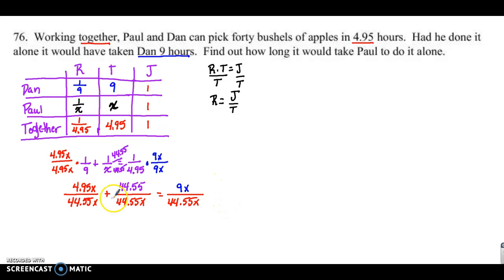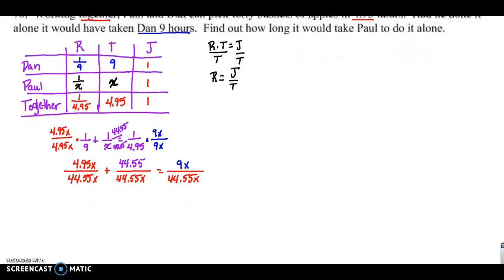Now, we went through a whole explanation of how once your denominators are the same, you could go ahead and add those and do some solving. But what happens is your whole denominator sort of disappears because it cancels out in the work of your arithmetic, and you end up with 4.95x plus 44.55 is equal to 9x.